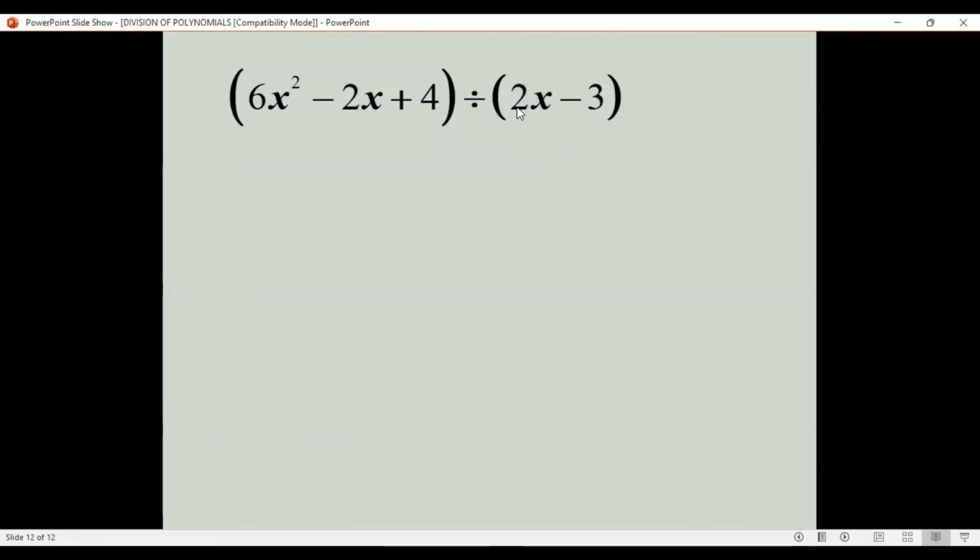So like in this case, you have 2x minus 3. So again, in the synthetic division, the leading coefficient of your term must actually be equivalent to 1. Okay, that's one thing that you have to remember.